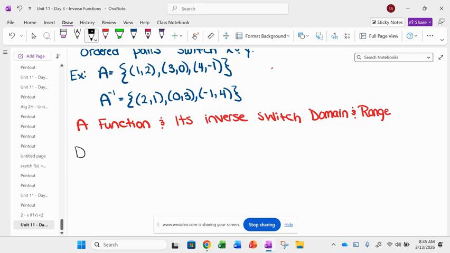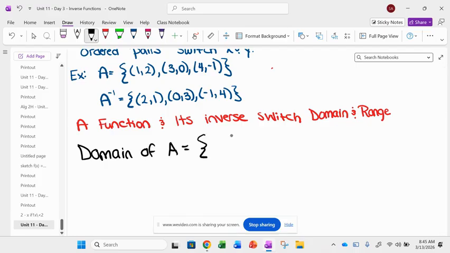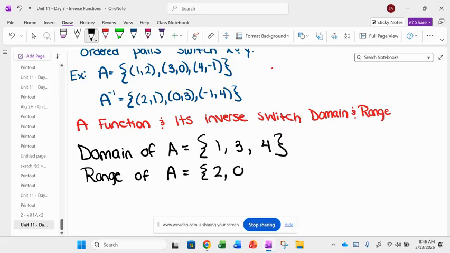So the domain, if we're going through this, based on our example, the domain of A was the coordinates 1, 3, 4. Do we agree? And the range of A were the points 2, 0, negative 1.